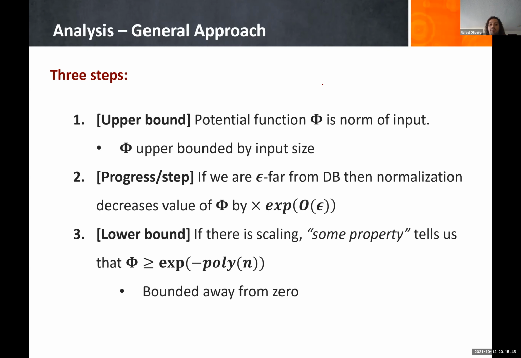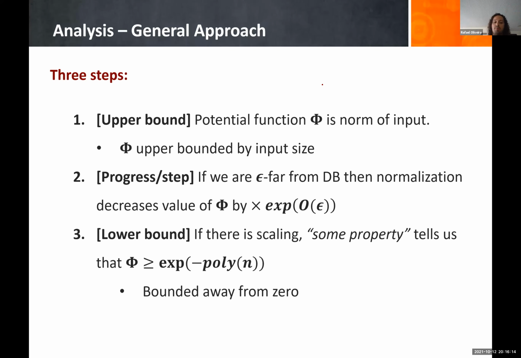And then we have a lower bound that if there is a scaling to doubly balanced, then there's some property that should tell us that actually the norm is bounded away from 0. Right? So somehow you already see here that there is some property, okay, that's telling us that, oh, if I can scale to doubly balanced, then it must be the case that I'm not in the null cone.